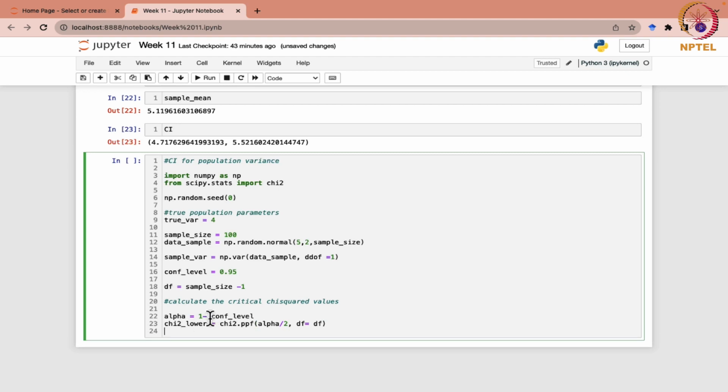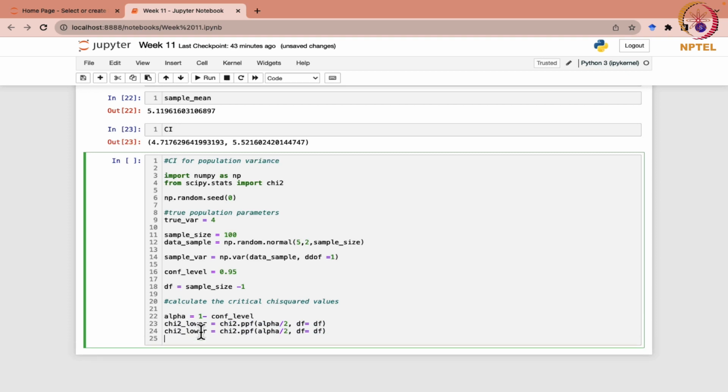Similarly, you can write chi-square upper. So here it would be 1 minus alpha by 2.